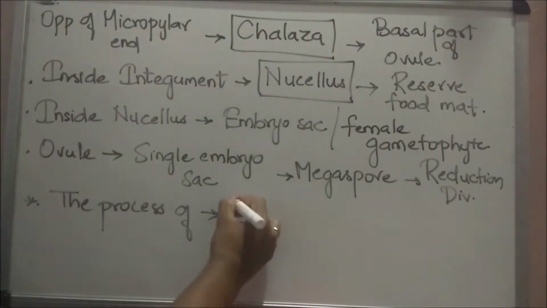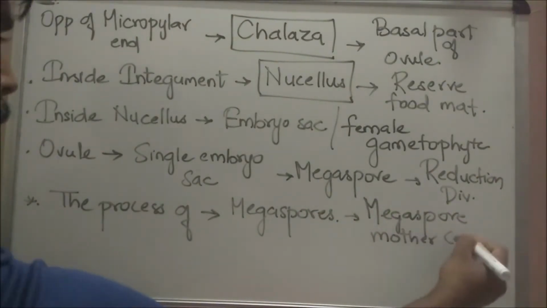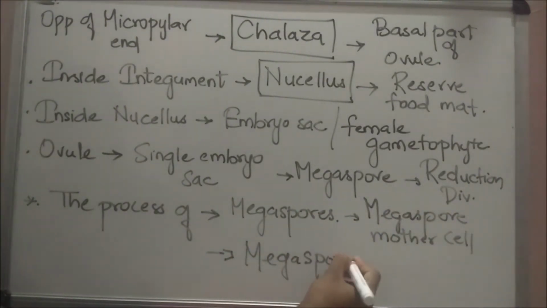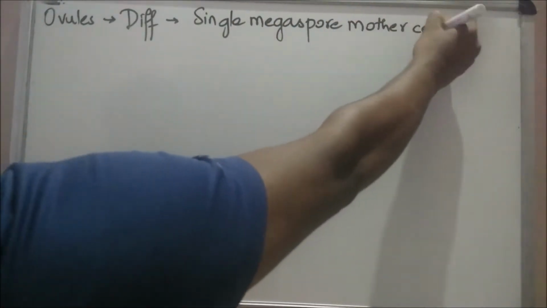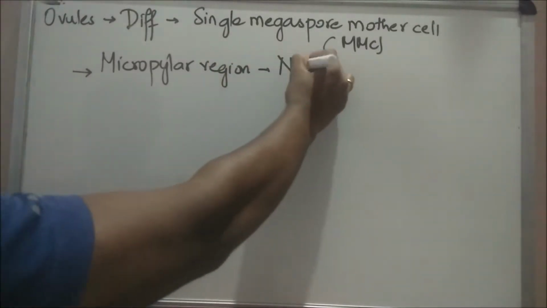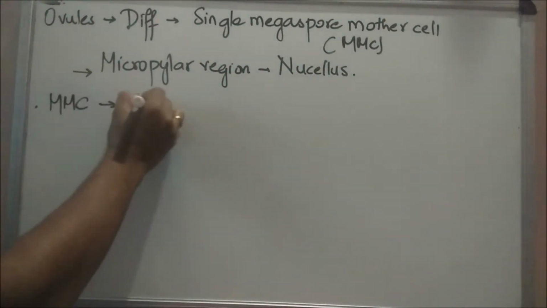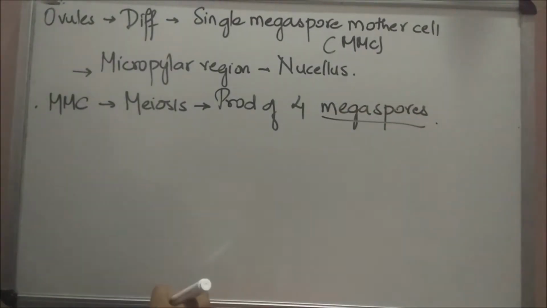Let's discuss megasporogenesis. The process of the formation of megaspores from the megaspore mother cell is called megasporogenesis. Ovules differentiate a single megaspore mother cell in the micropylar region of the nucellus. The MMC undergoes meiotic cell division, which results in the production of 4 megaspores.